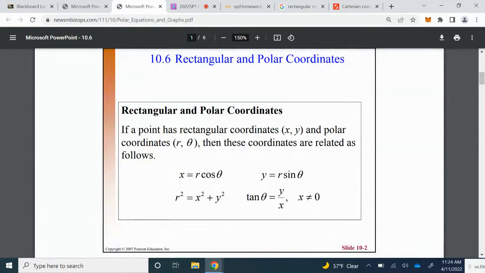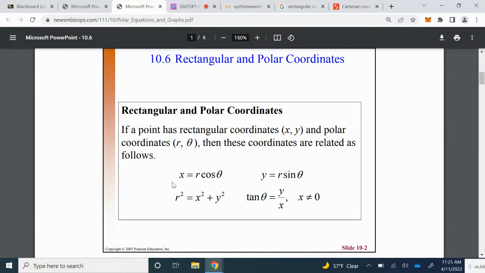All right, so now we're going to take a look at the relationship between a rectangular coordinate and a polar coordinate. It says if a point has rectangular coordinates x comma y and polar coordinates r comma theta, then these coordinates are related as follows. Here are the actual formulas that we're using.